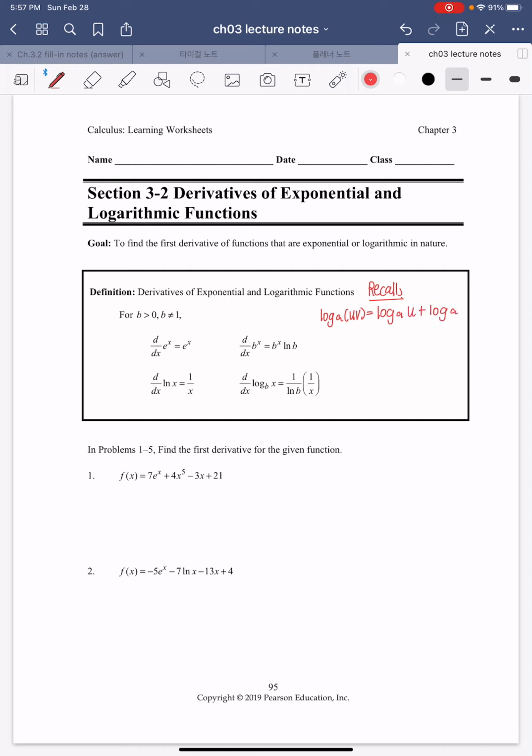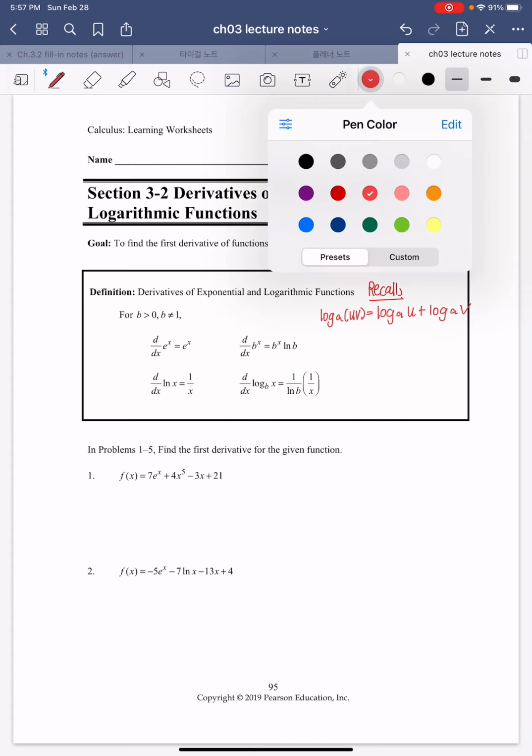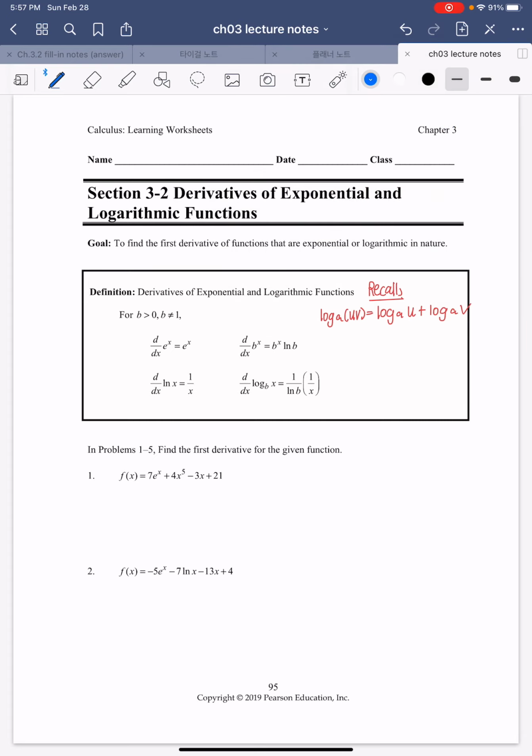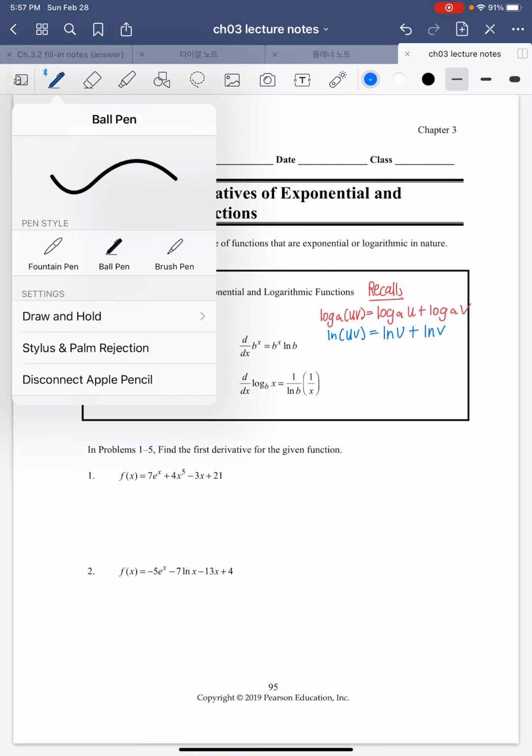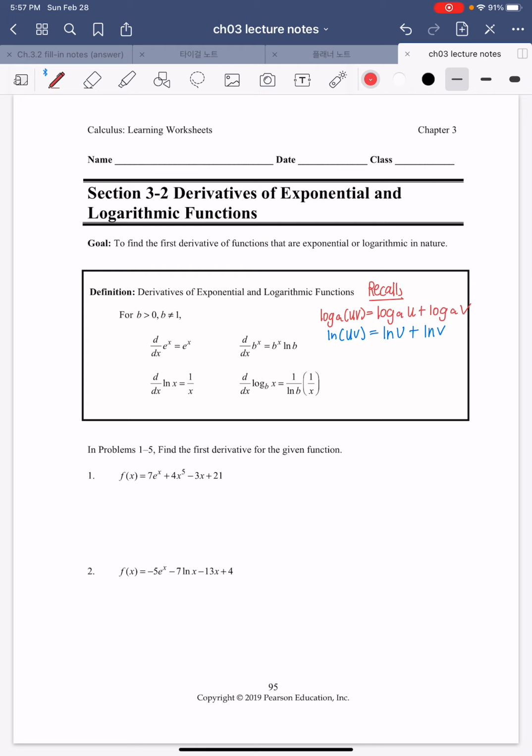Similarly, ln of uv changes to ln u plus ln v. We have a quotient rule as well. If you have log base a of u over v, that changes to subtraction, so log base a of u minus log base a of v. Similarly, ln of u over v is ln u minus ln v.